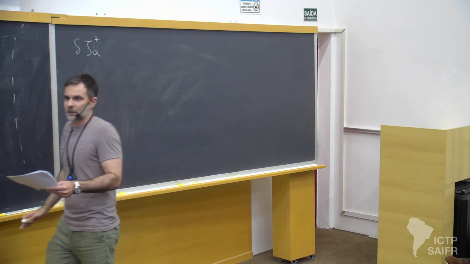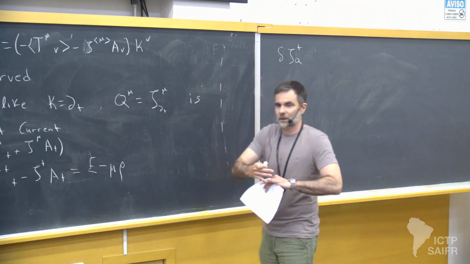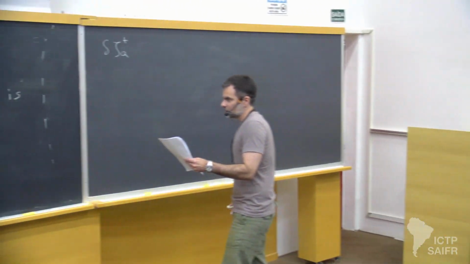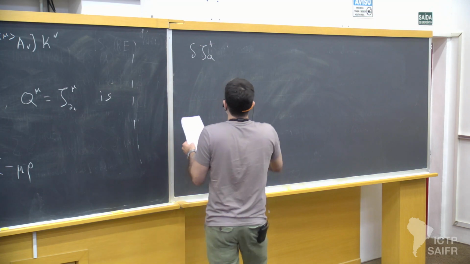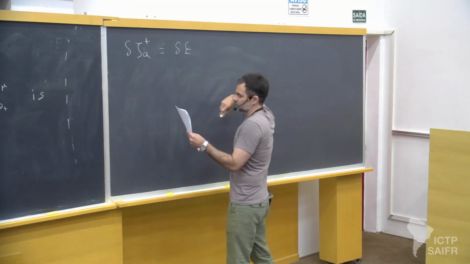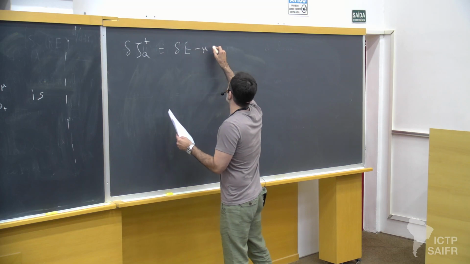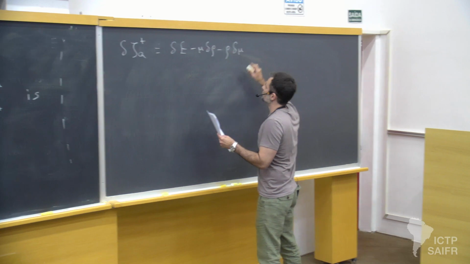So the fixed quantities that I will have are temperature and the chemical potential, okay? So if I vary this quantity with respect to temperature and chemical potential, then I will have delta E minus mu delta rho minus rho delta mu.